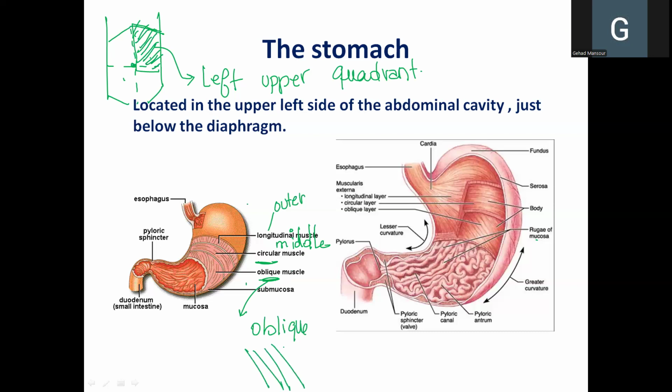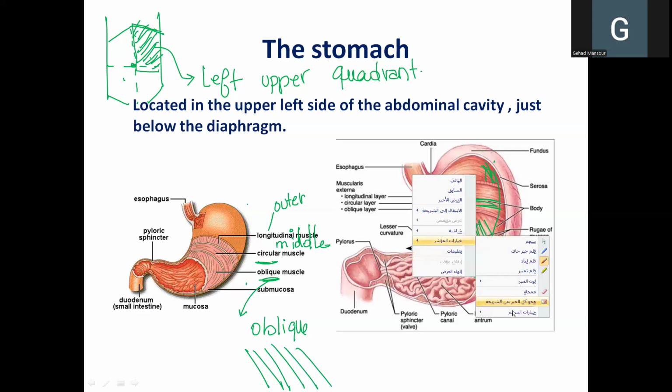Oblique means that the muscle cells are directed like this. Again, we can see here the middle circular layer, the inner oblique layer, and the outer longitudinal layer. It starts oblique and then it descends longitudinal like this.